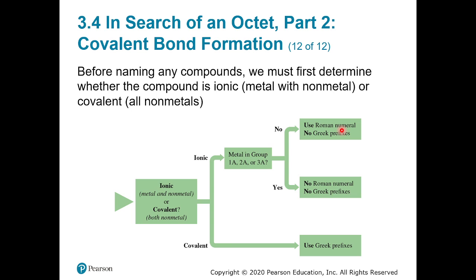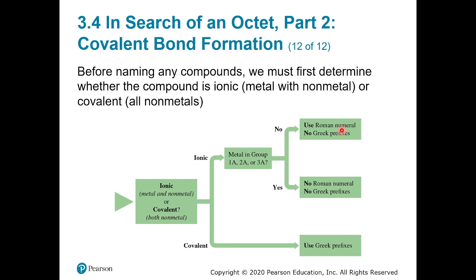All right, once we figure that out, if it's ionic, the metal in group 1A, 2A, or 3A, then those are easy, okay? Because we can automatically tell what the charges are. We don't have to put any Roman numerals, right? And so no Roman numerals, no Greek prefixes. We just have to put NaCl, okay? Or MgCl2. That's it.